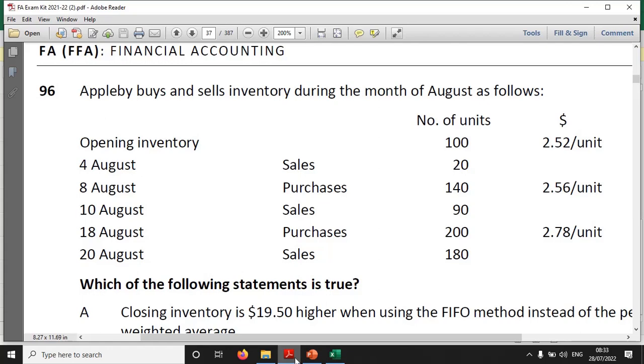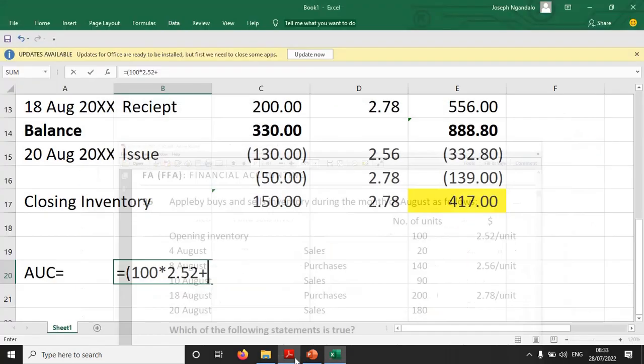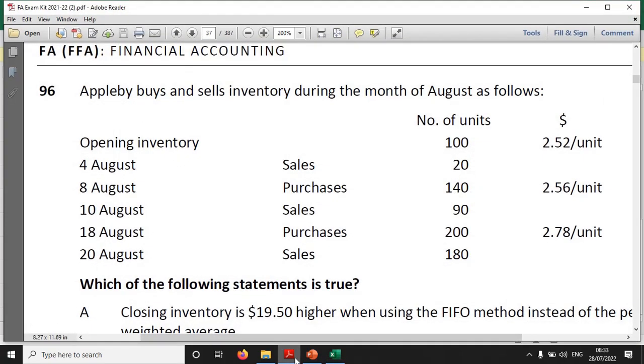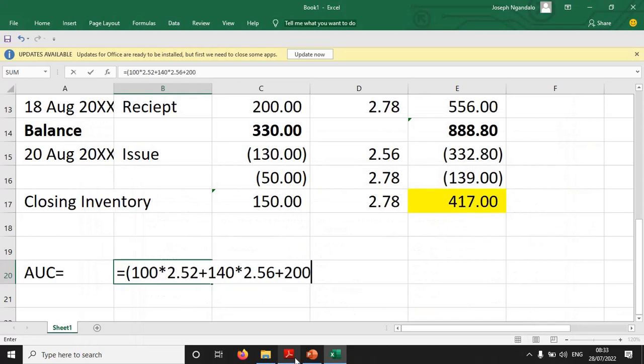Coming again, another purchase, 140 by 2.56. Plus, another one. 200 by 2.78. Then everything should be divided by, maybe we can get the numbers just by calculating.